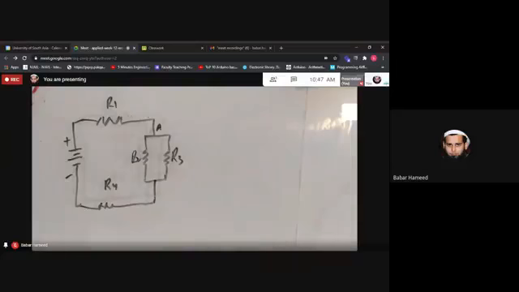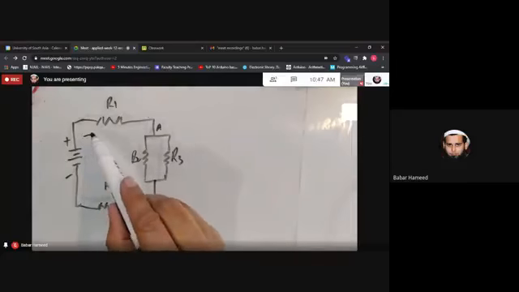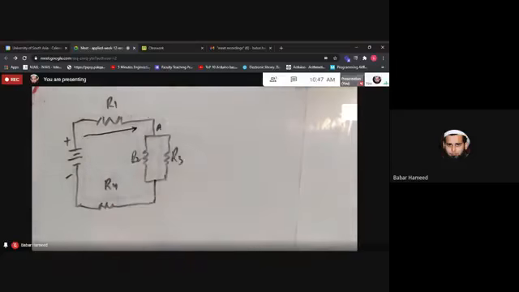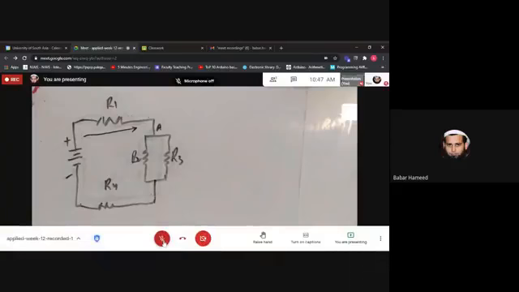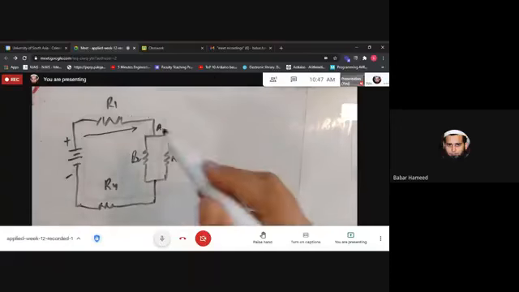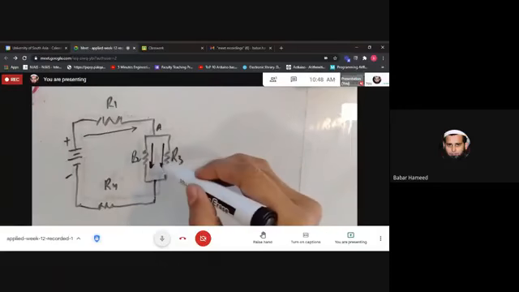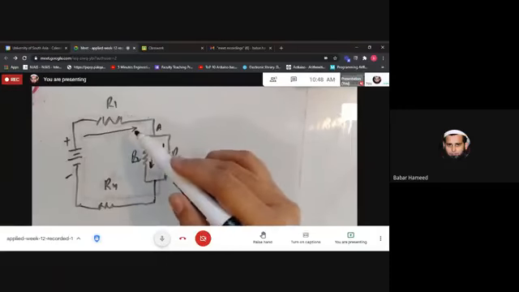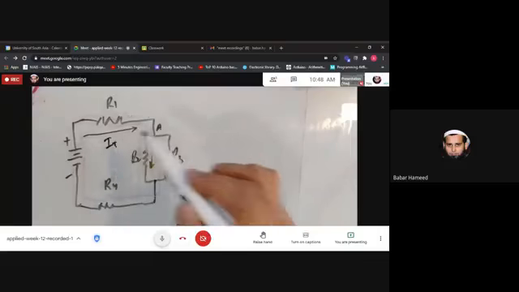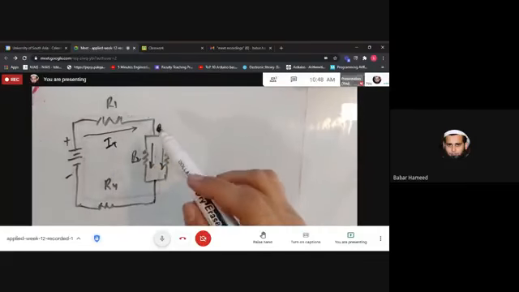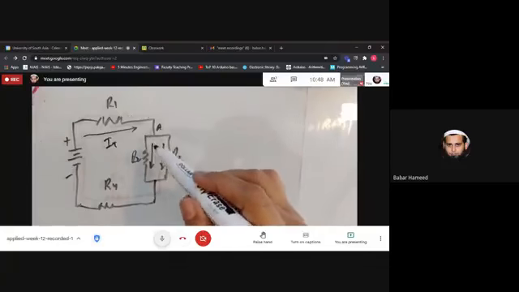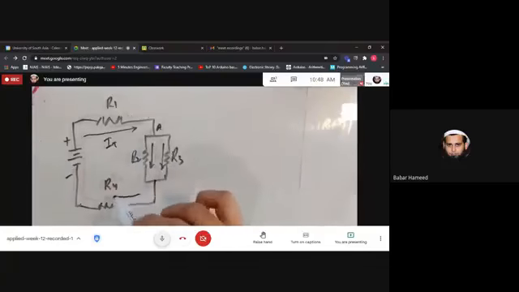If you are getting confused, just make the direction of current that is flowing here. Current is coming as a combined flow and splitting in R2 and R3 and again combining at R4.